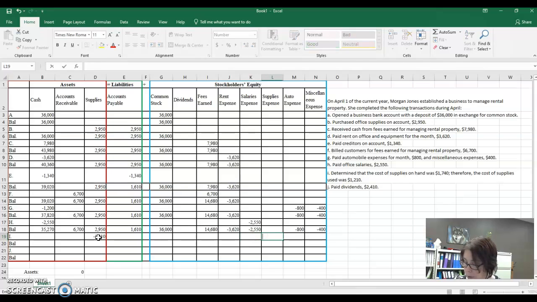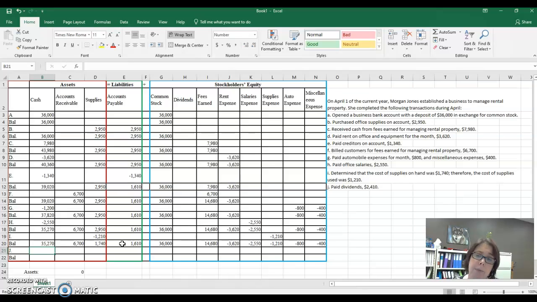Oh, that's not going to work, is it? Negative 210. So we still have the 35,270, the 6,700. Now, if we were to find the new balance, imagine that is at the $1,740. Okay, so we want to bring the supplies at the end of each month down to what we actually have. And we'll go over more details of this as the semester continues on.